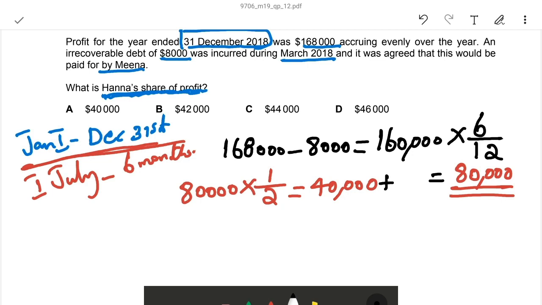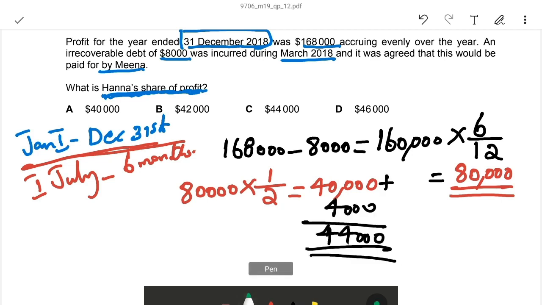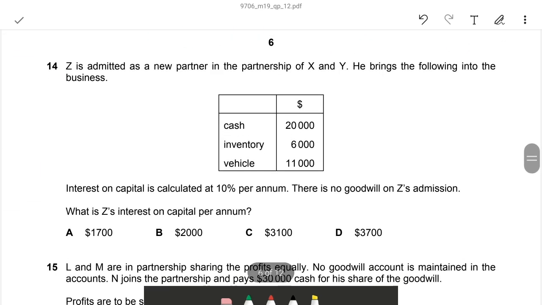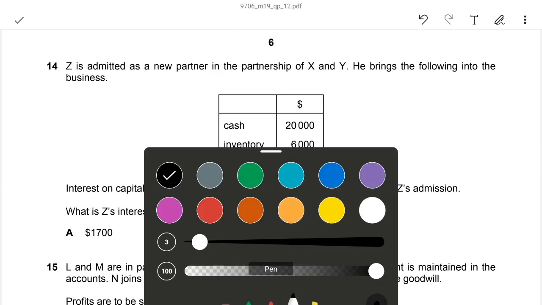It happened in March 2018, so Meena agreed to pay the 8,000. So Hannah has to get half of that 8,000 also, that is 4,000. So total Hannah's share is 44,000. So the correct answer is C. Next. Z admitted to the business.